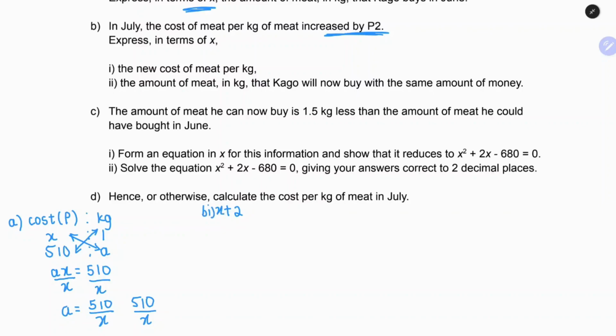Then the next question says, the amount of meat in kg, expressed in terms of X, that Kaho will now buy with the same amount of money. So this one is another easy question. The amount of meat that Kaho will now buy, we'll just do something similar to this.